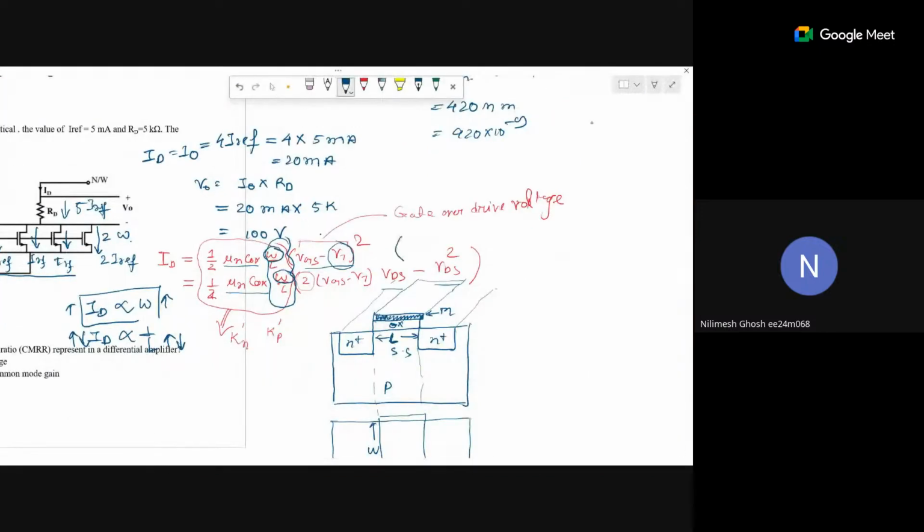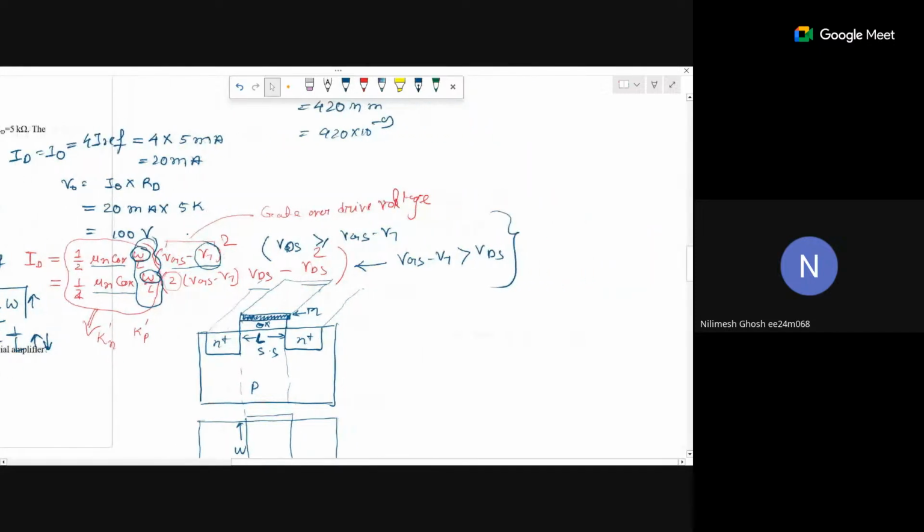The condition here is VDS should be greater than or equal to VGS minus VT. And what is the condition of the other region? Obviously the inverse of that: VGS minus VT is greater than VDS. And for both these conditions there is a common condition: VGS has to be greater than or equal to VT.